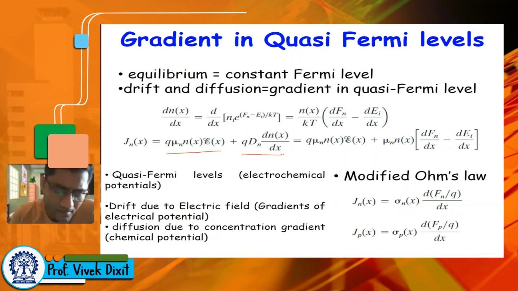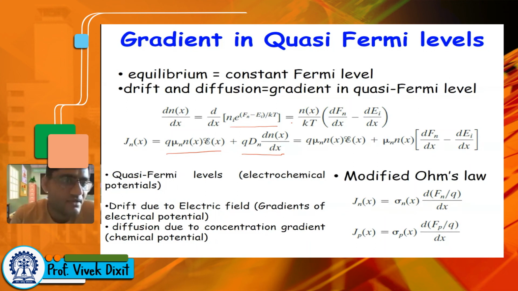Now, if you recall the relationship for carrier concentration, for example n, in this case electron, n is equal to ni exponential (EF minus Ei) by kT. In a typical situation, if it is in equilibrium, we can write EF here, but if it is not in equilibrium, then of course we have already discussed the concept of quasi Fermi level.